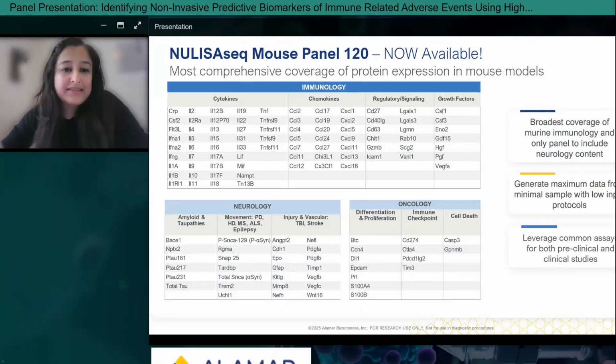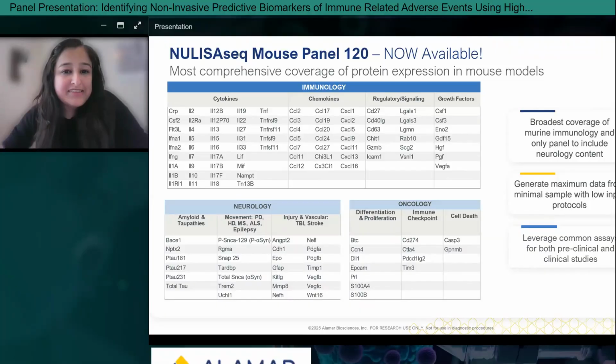The mouse panel has been designed for preclinical studies to identify key neurodegenerative and inflammatory markers associated with many different diseases. And through the Technology Access Program, we have applied it to over 25 different preclinical models, including aging, Alzheimer's disease, Parkinson's disease, lupus, as well as colitis, amongst others.